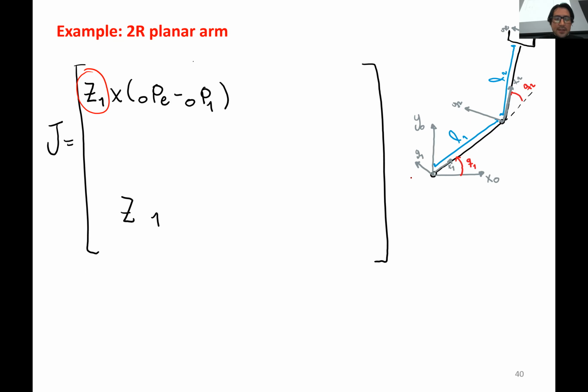Remember that this axis of rotation is the axis coming out of the page, this z1 coming out of the page.